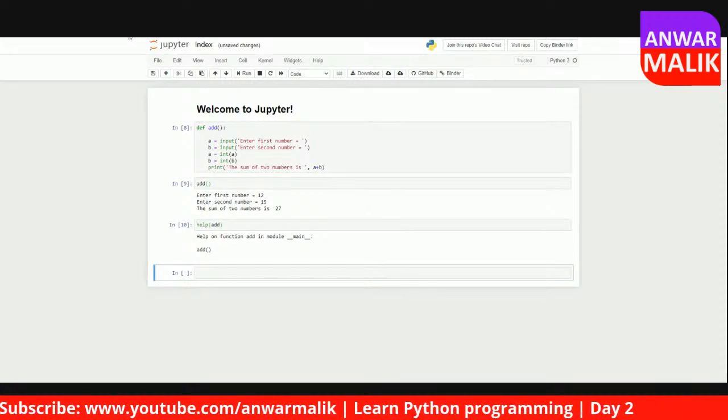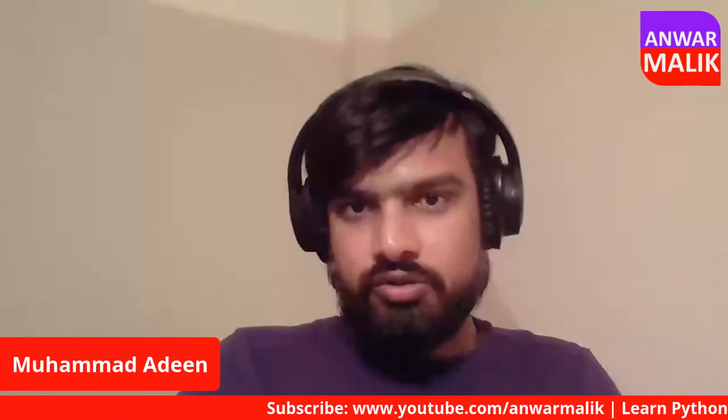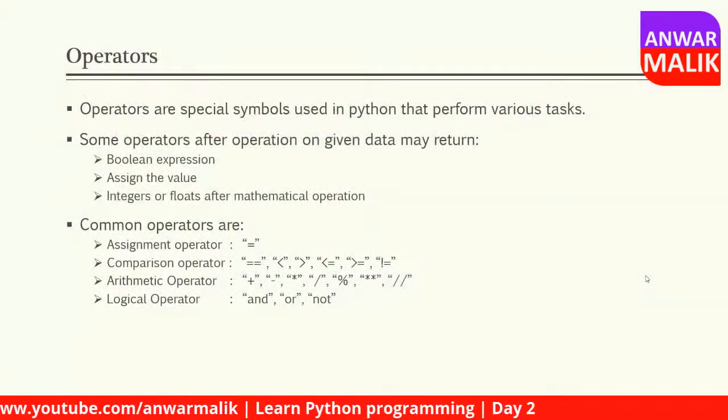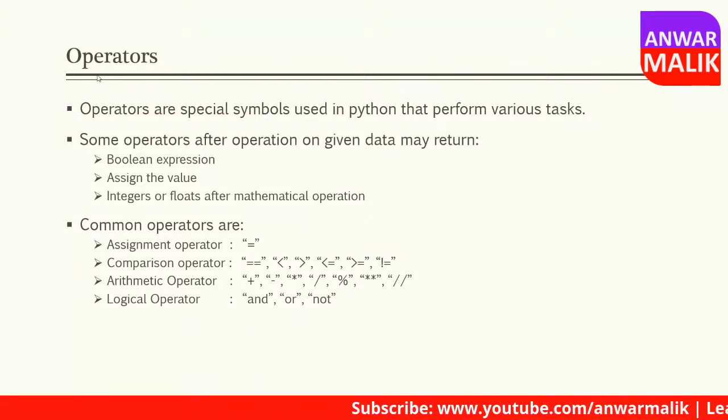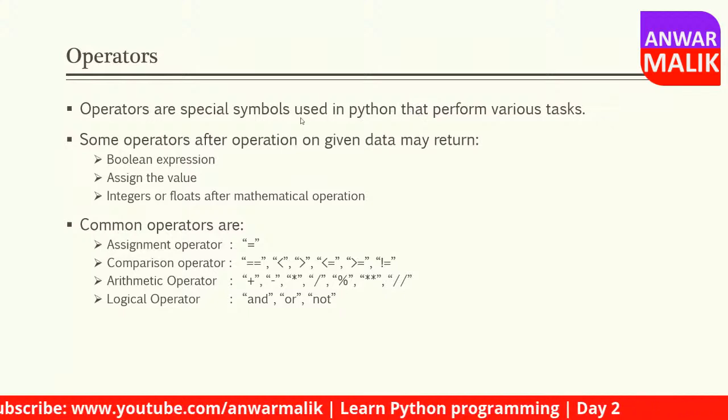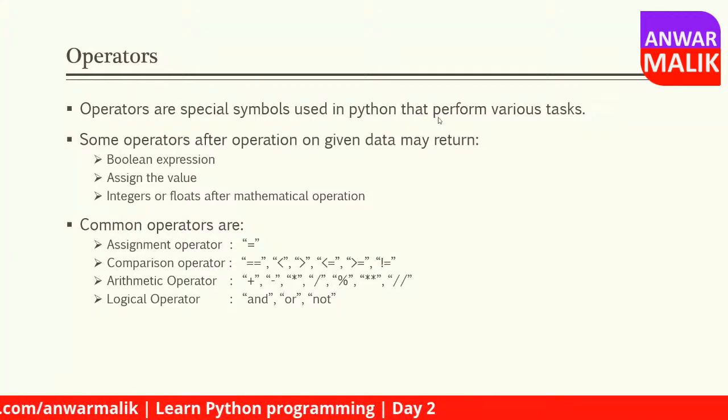So the next thing that I want to talk about is operators in Python. So let's move towards it. So we are here. What are operators in Python? Operators are just a bunch of symbols that perform some tasks for you.